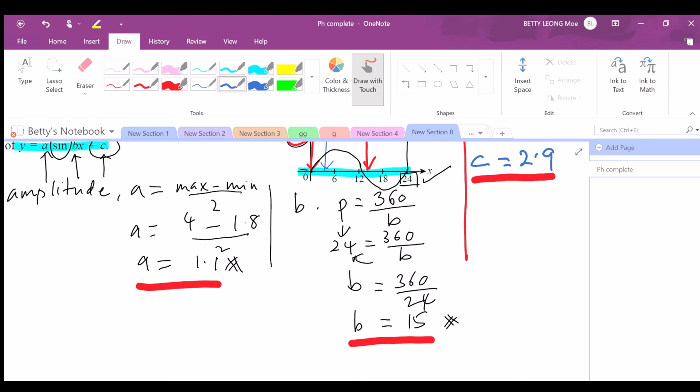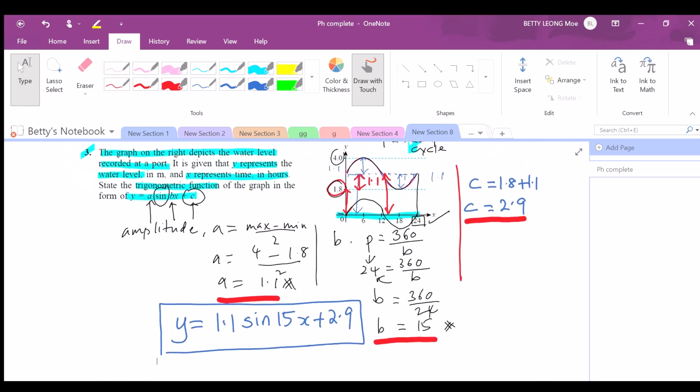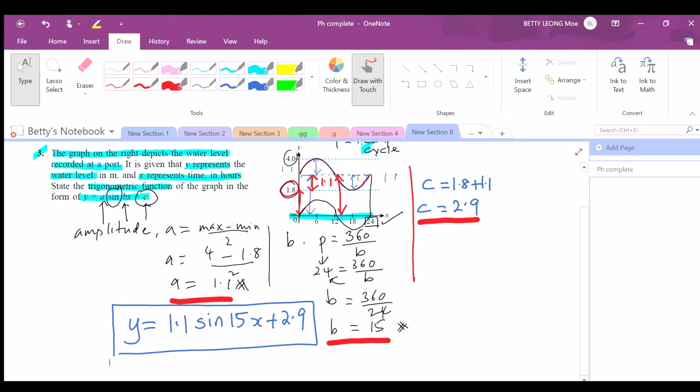With the equation y equals A is 1.1, the graph is sine, B is 15x, 15x plus 2.9. So this is your function. State the trigonometric function. So this is the answer already.